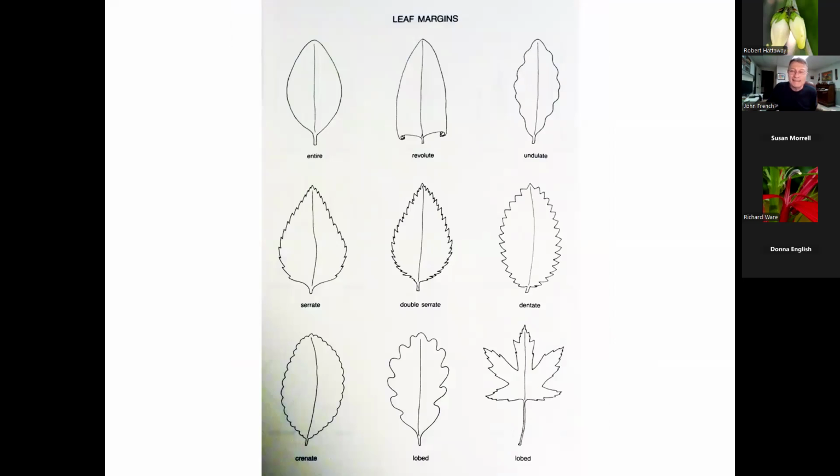The leaf margins: entire means they have no teeth or anything. Revolute, they're rolled under on the sides. Undulate, they're wavy. Serrate, double serrate, dentate, crenate, lobed, and lobed, like oaks and silver maple on the right, probably.